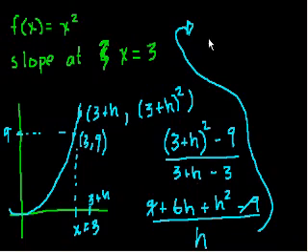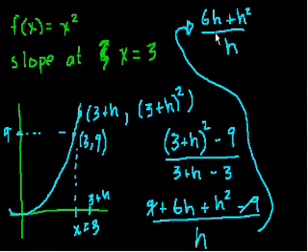So what we're left with is 6h plus h squared over h. Now we can simplify this, because we can divide the numerator and the denominator by h, and you get 6 plus h. So that's the slope between these 2 points: 6 plus h.